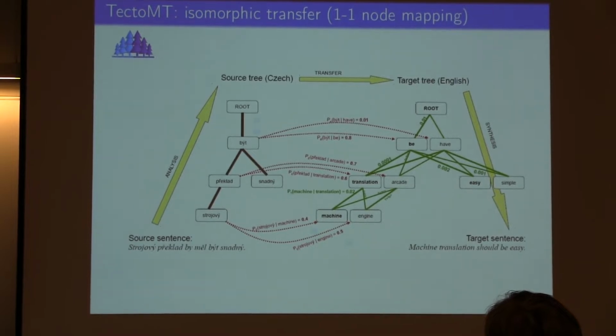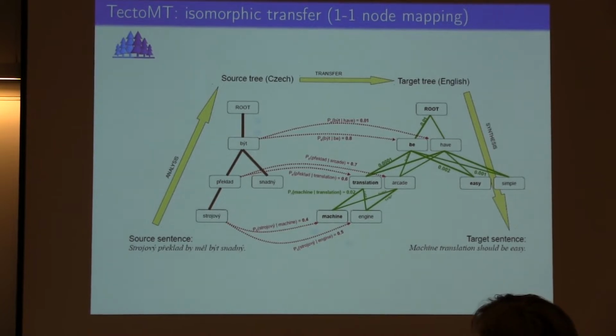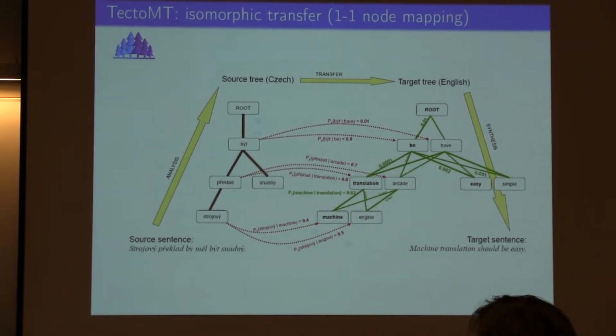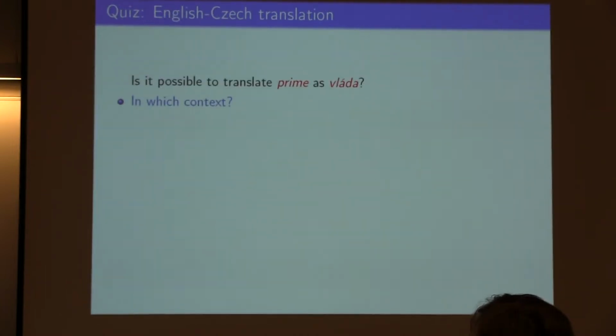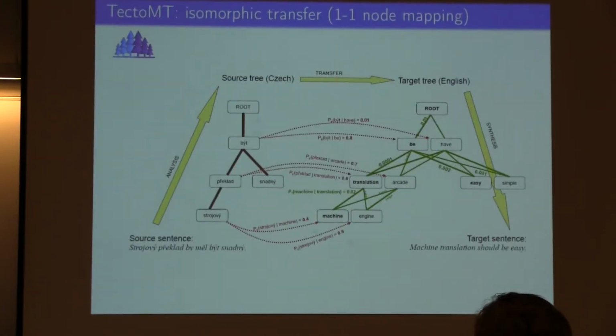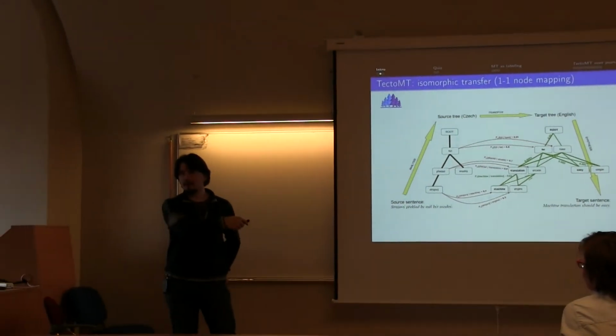For the transfer on this layer, some 6-7 years ago, I did an analysis of errors made by the TectoMT system, and only 8% of the errors were caused by the assumption of isomorphism. So by that time, and actually it's still true, we expect that the transfer is isomorphic, that it's one-to-one.